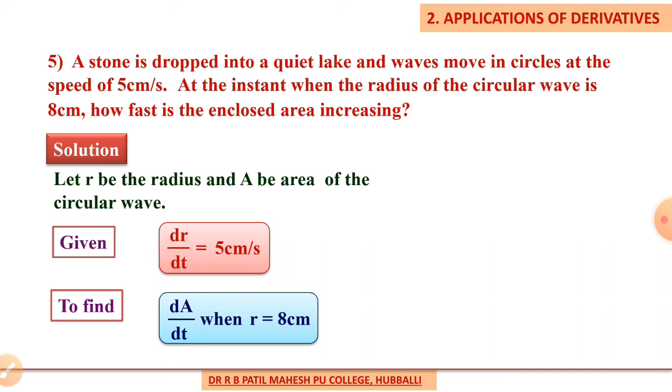So the given term is the change in the radius of the circle with respect to time, that is dr by dt, which is 5 centimeter per second. By using this you have to find the change in the area of the circle with respect to time t when the radius is 8 centimeter.